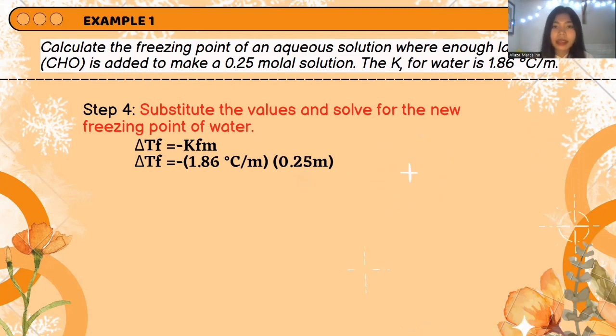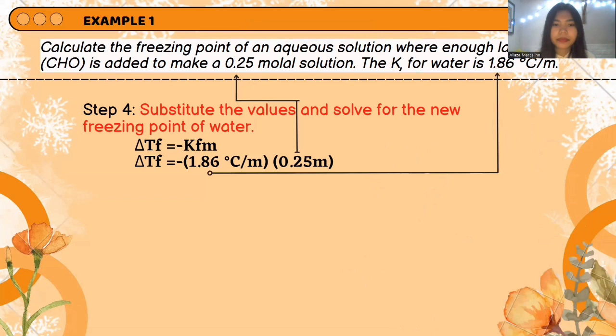So here's the detailed info. Where did I get them? Here. This is here. Step 5. Find the answer. So the answer is delta Tf is equal to negative 0.465 degrees Celsius.